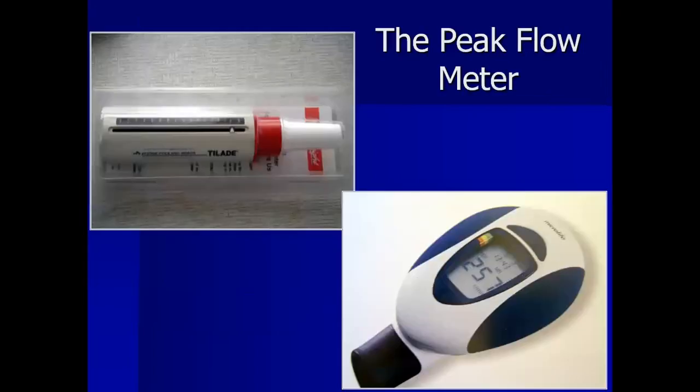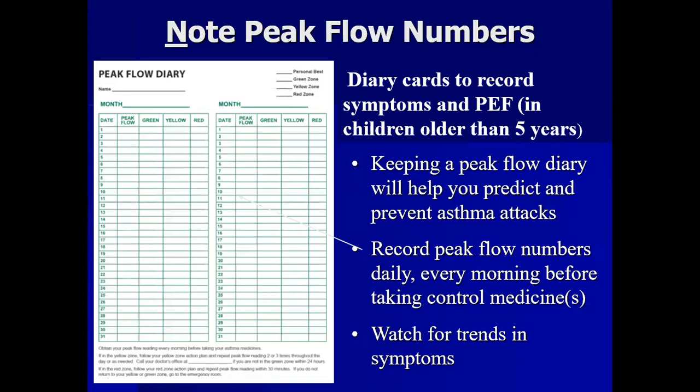The peak flow meter can be electronic or mechanical. Patients with asthma have daily cards to record symptoms and peak flow changes.